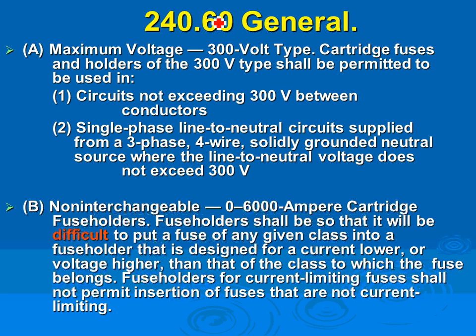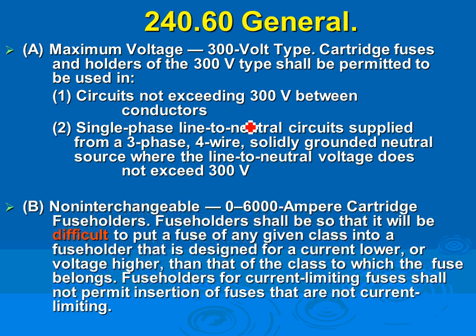Maximum voltage. So this is a few things about the fuses. 300 volt type, up to 300 volts. That will cover 240. 208 type shall be permitted to be used in the following: single phase line to neutral, and 3-phase 4-wire solidly grounded neutral.